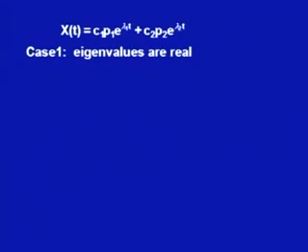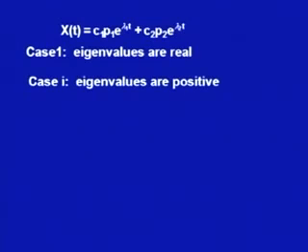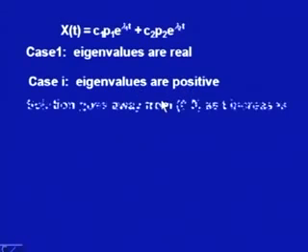Case 1 is when the eigenvalues are real, and in this case I will subdivide into: eigenvalues may be positive, eigenvalues may be negative, eigenvalues may be one positive, one negative. So, I will first discuss the case when eigenvalues are positive. When the eigenvalues are positive and distinct, then the solution goes away from (0, 0) as t increases.